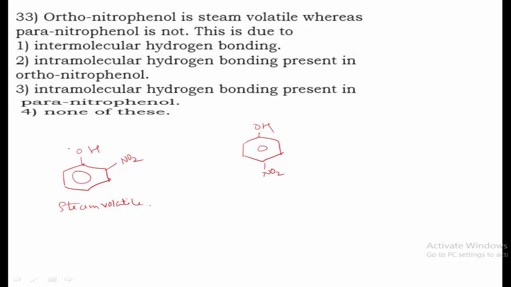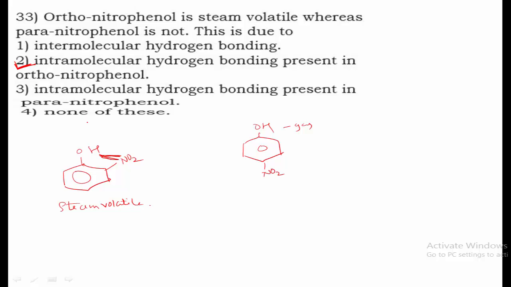It is because it will form steam. It does not directly get converted into gas, but it will form this steam when we heat because of presence of hydrogen bonding. Due to the presence of intramolecular hydrogen bonding, it will undergo steam volatility. So hence the answer is option 2.